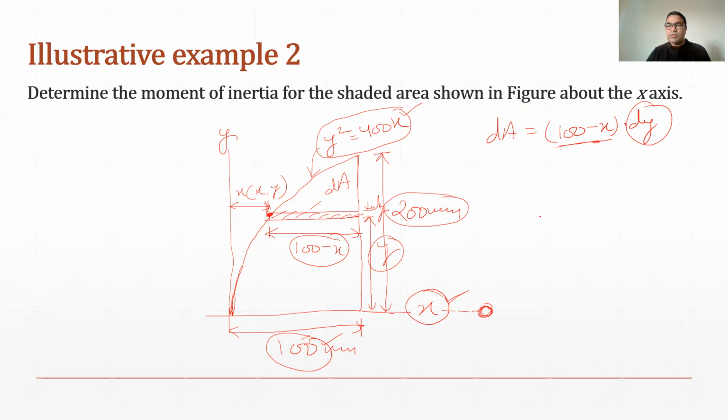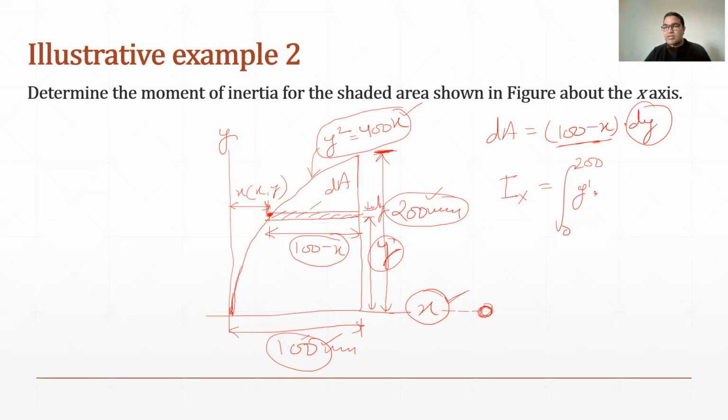Now dA is found. So again, finding the moment of inertia about x-axis, writing here, and the equation becomes: now you can see this is the 0 0, and the maximum value from the x-axis is 200. So the limit here will be 0 to 200 of y dash squared into dA, where this is the y value, say y dash.